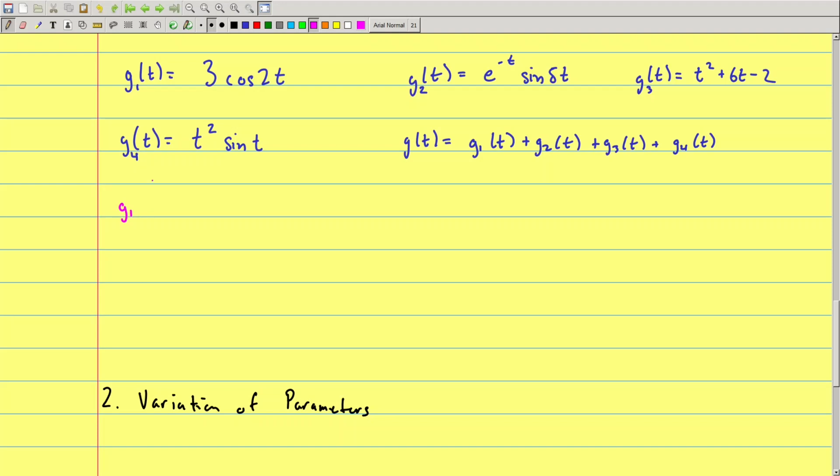So if we have G1 here, the particular solution that we would guess to go along with this would have to be some linear combination that can handle the fact that we have cosine of 2t.